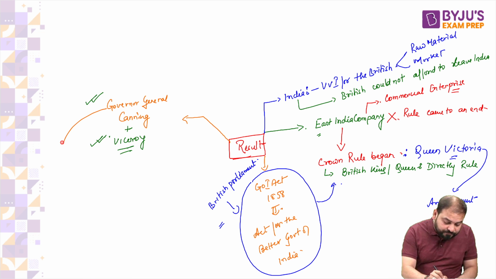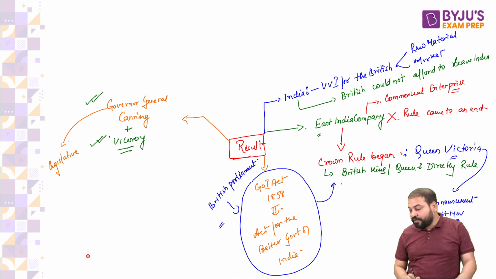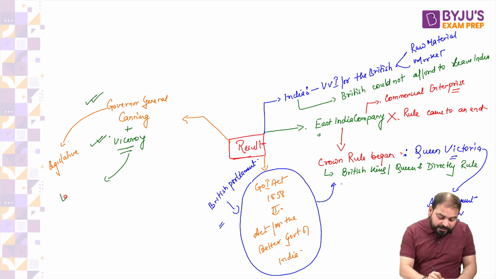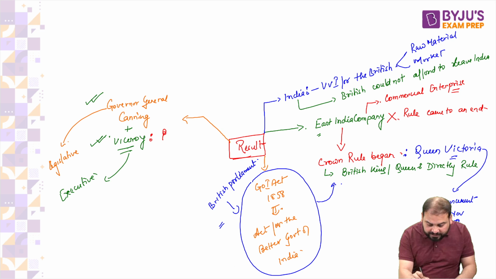So basically, when he is doing any legislative work, he will be called Governor General. But when he's doing any executive work, he will be called Viceroy. And as a Viceroy, he is seen as the personal representative of the Queen.